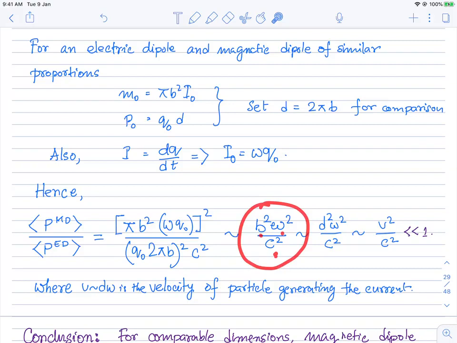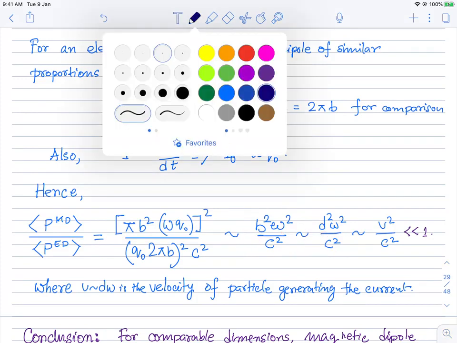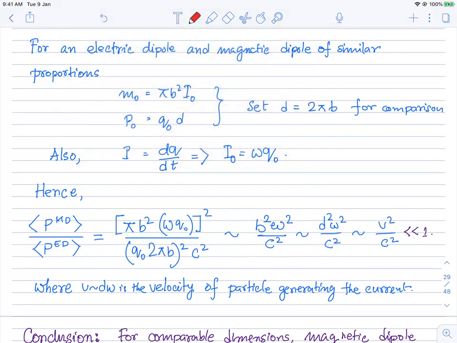And again, using the equivalence between b and d, you can say this is d square omega square by c square. So you remember that we had initially considered that this omega dimension by c, this object, is small. I made a remark initially, then you could ignore the higher time derivatives.